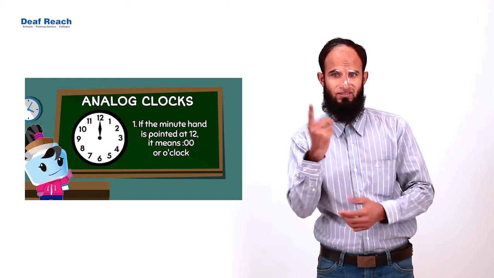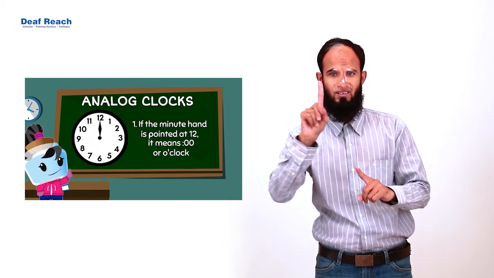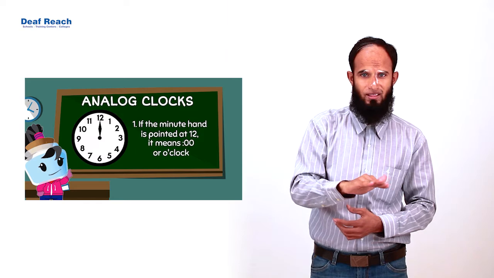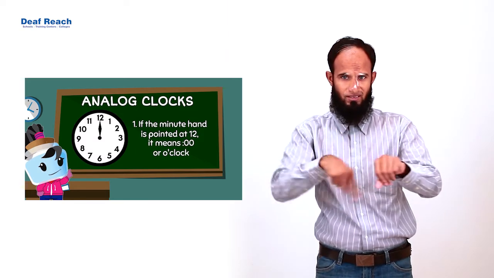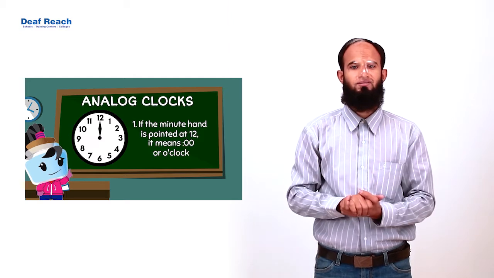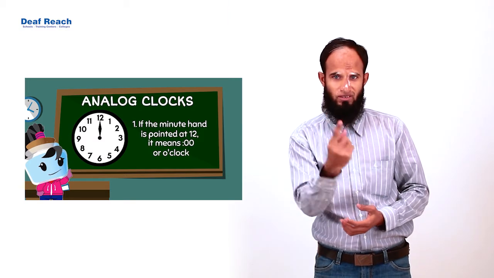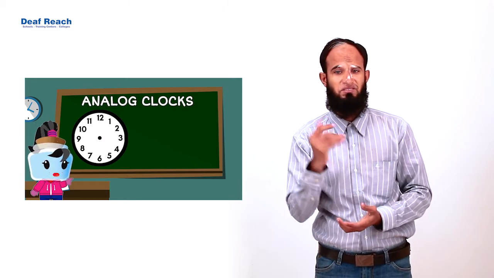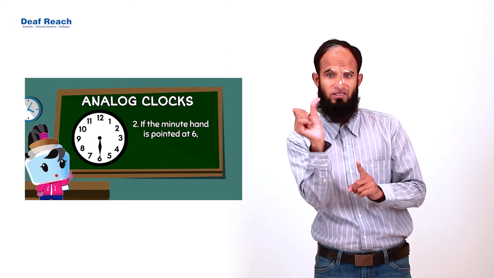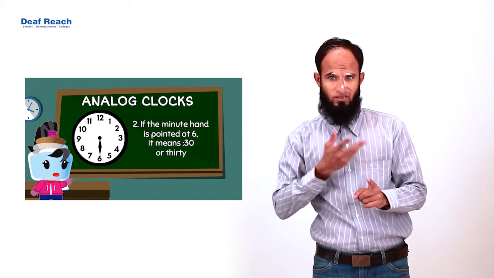If the minute hand is pointed at 12, it represents 60 minutes or 1 hour and is read as o'clock. While if it's pointed at 6, it represents 30 minutes.